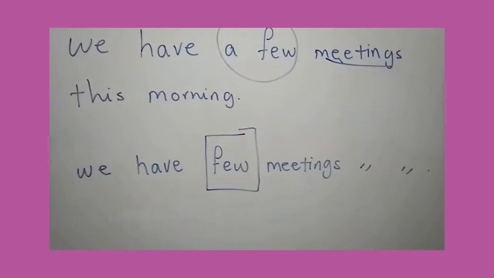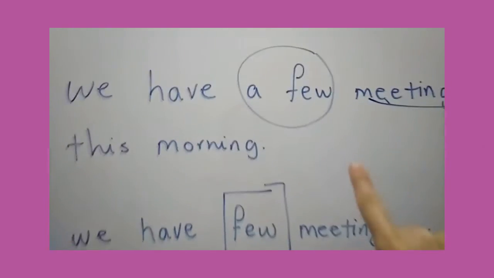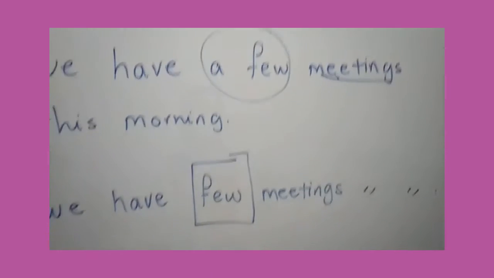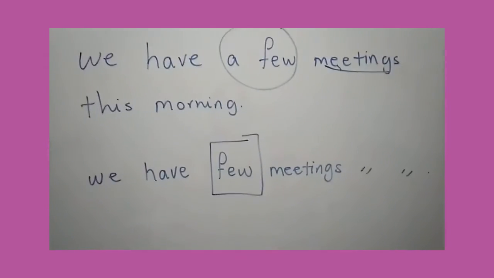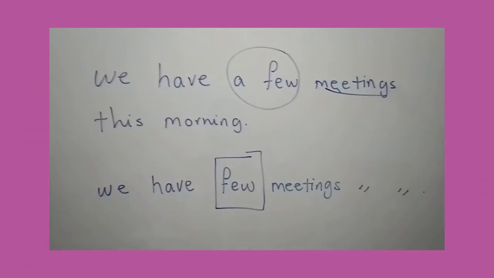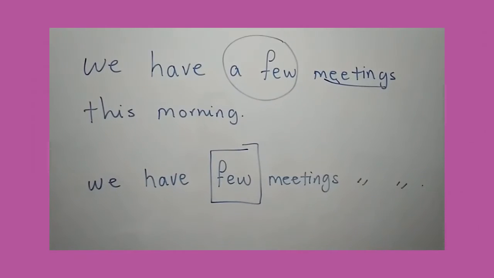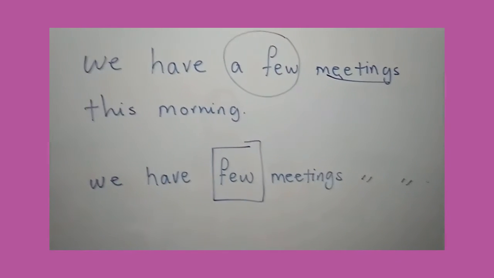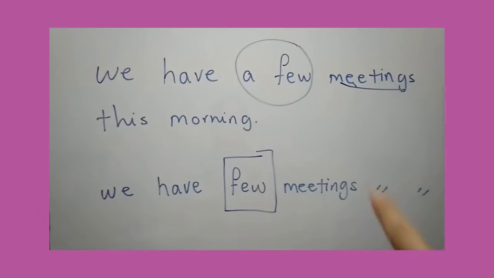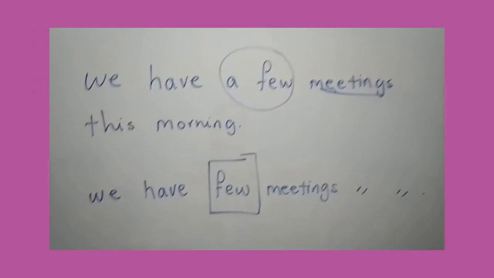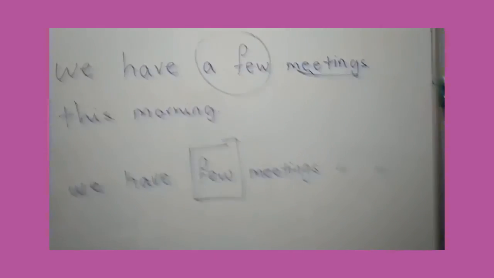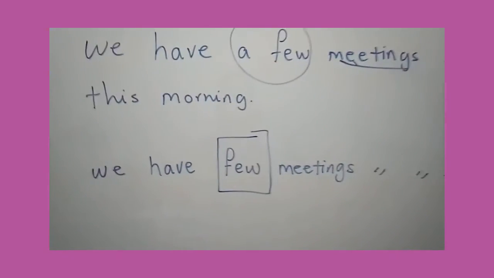This is number one. Number two, we need to look at the number of meetings. Do we have a lot of meetings or very limited meetings? If we have some meetings, in this case we use "a few." But if the number of meetings is really, really limited, in this case we use "few."